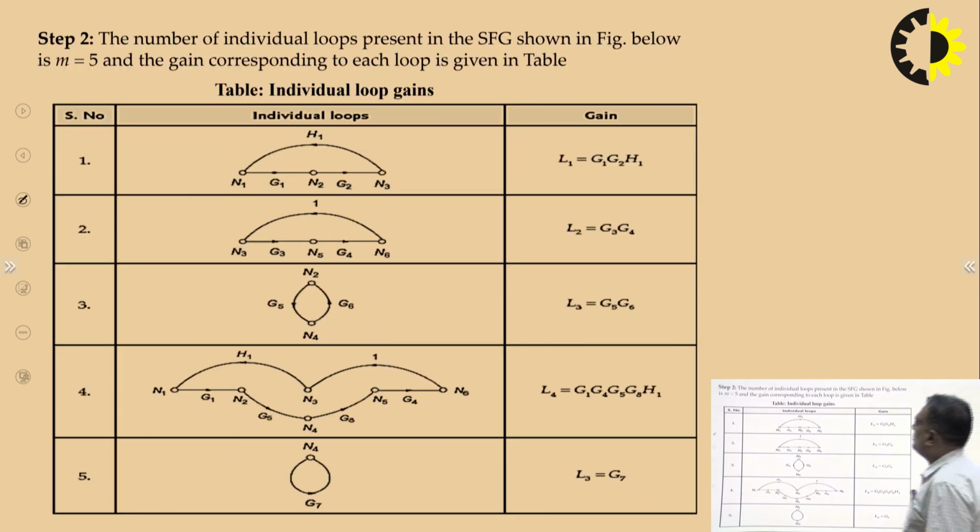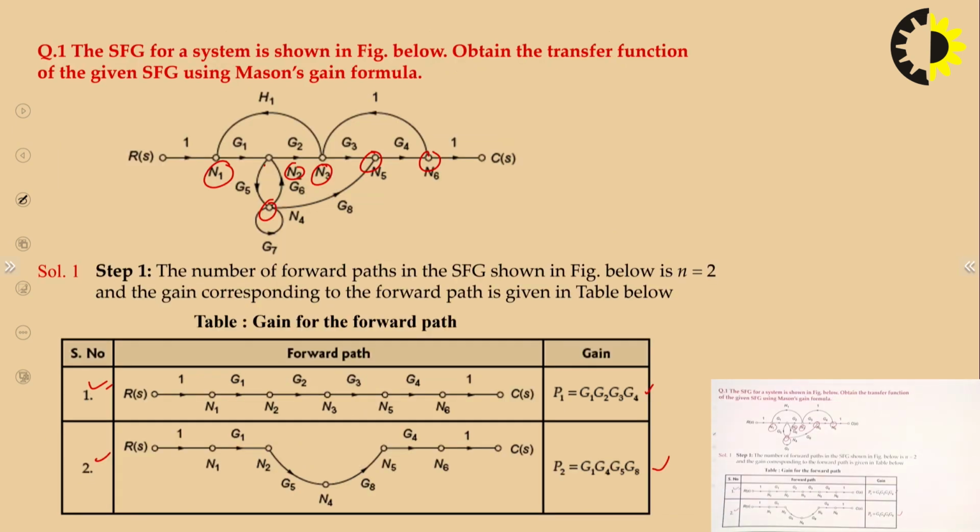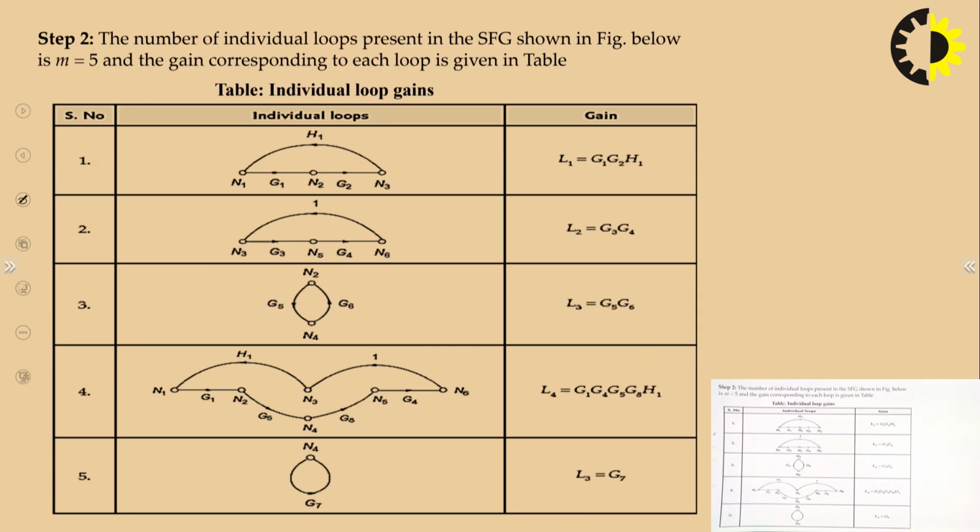Then the number of individual loops present in this SFG. One loop is G1, G2, H1, another loop is G3, G4, and these are the transmittances corresponding to them.